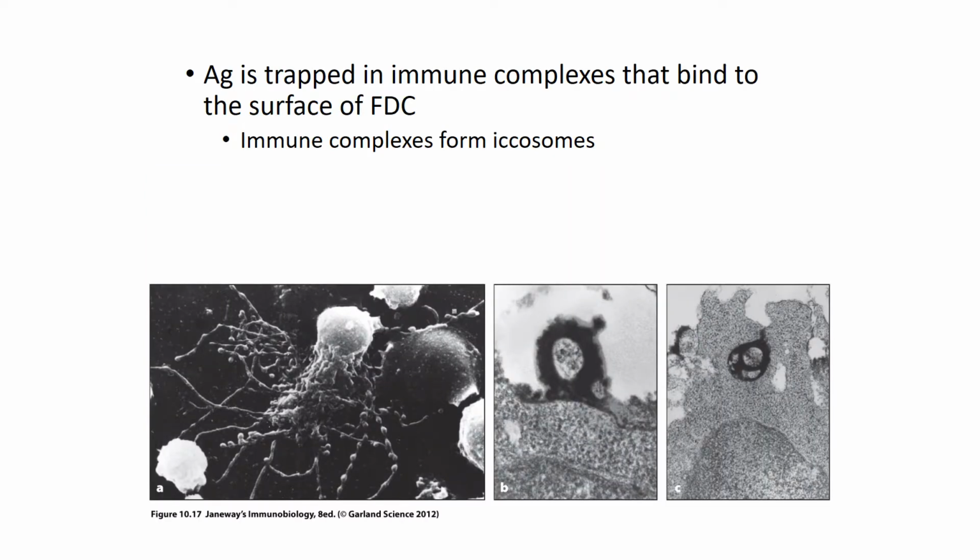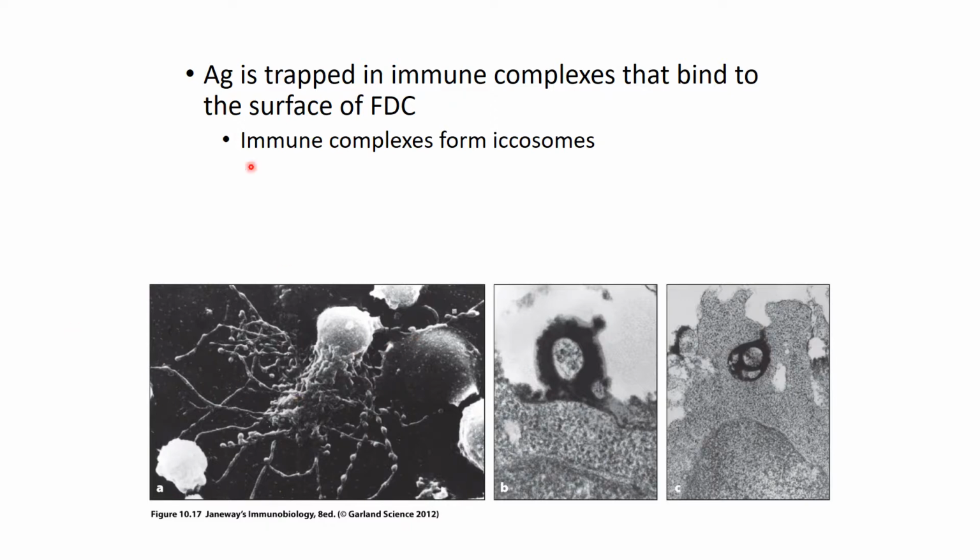Now, one of the things that we have figured out is that these immune complexes that are going to be presented to the B cells, that they can then go and try to find a T cell to work with them. They're not, as I said before, going to be processed by follicular dendritic cells.